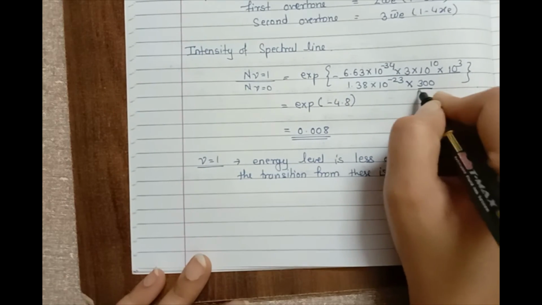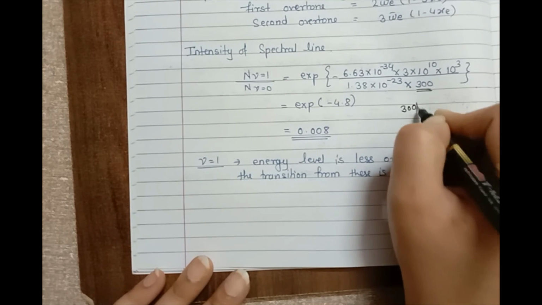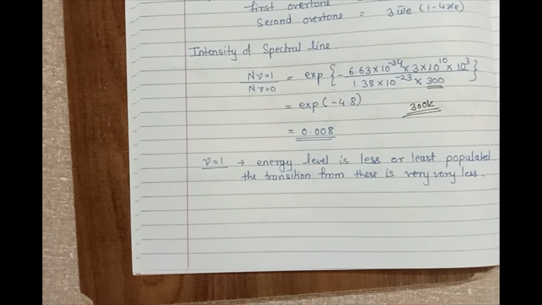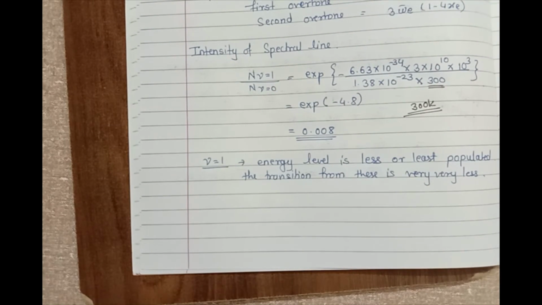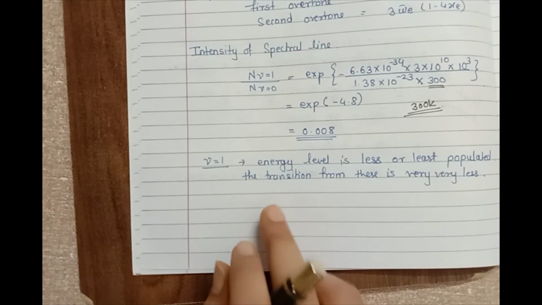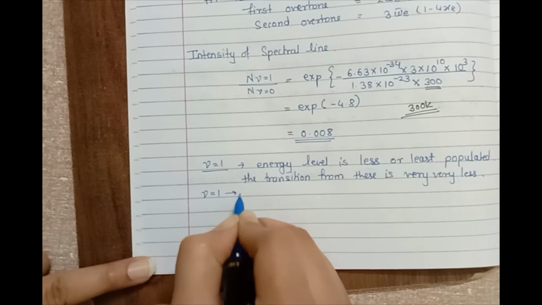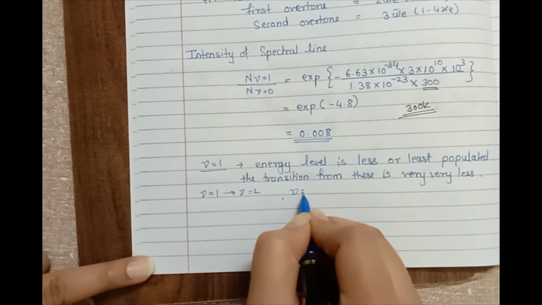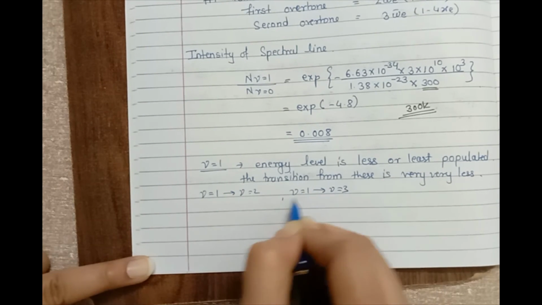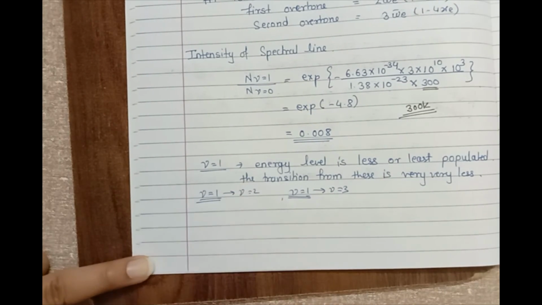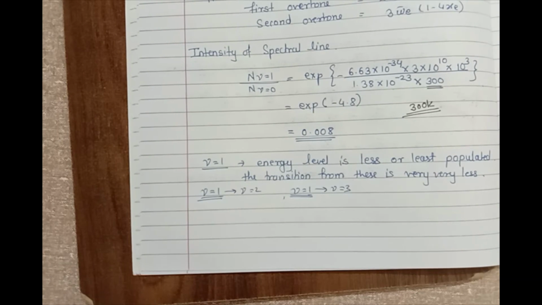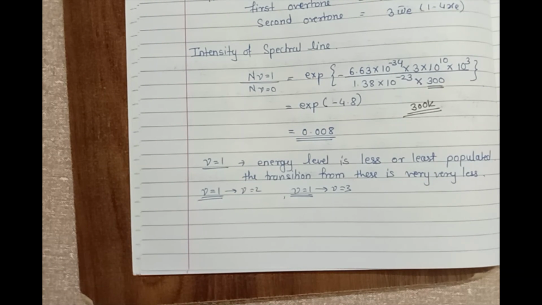Here you have to remember, we have taken room temperature, that is 300 Kelvin. So from this energy level, this is not possible, that is from nu is equal to 1 to nu is equal to 2, or from nu is equal to 1 to nu is equal to 3. Why? Because nu is equal to 1 energy level is the less populated energy level. There are less molecules present in that level.